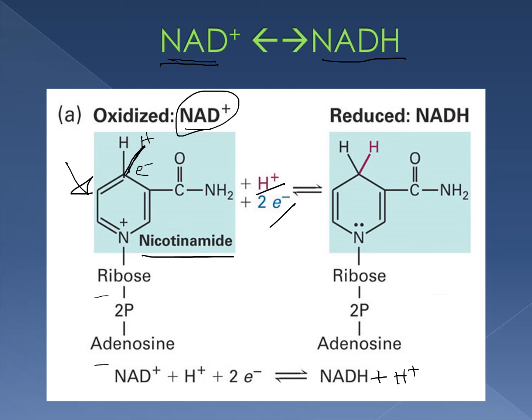Remember, each hydrogen has 1 proton and 1 electron, so they come in a pair. If we're taking them off of these fatty acids that have all of these hydrogen carbon bonds on them, where are the remaining hydrogens going?